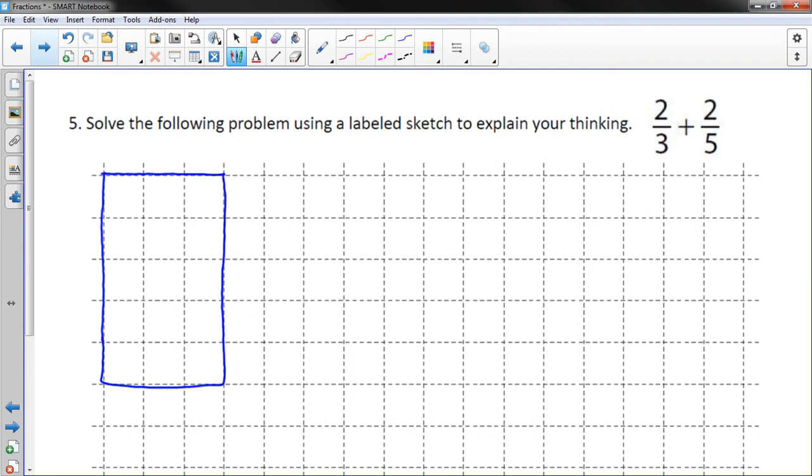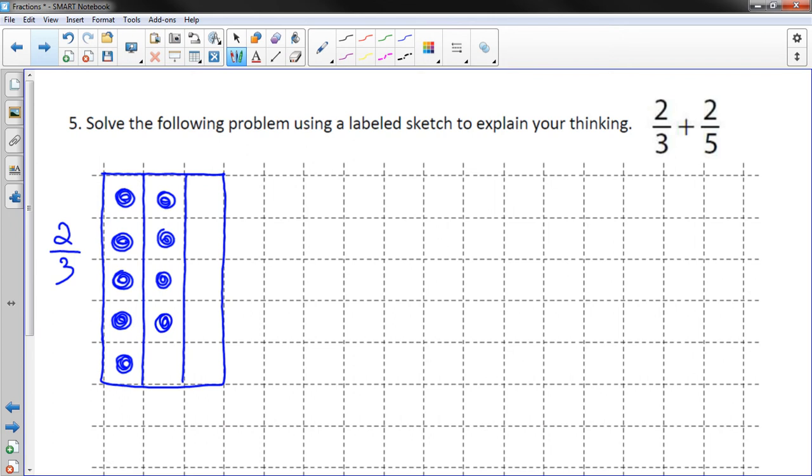And this is going to represent 2/3. So I need to break that up into 3 equal parts. I guess I'll go this way. And then 2 of those 3 parts are shaded in, or you can draw circles or eggs. And we're adding.